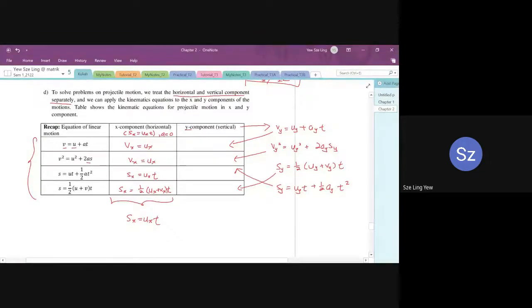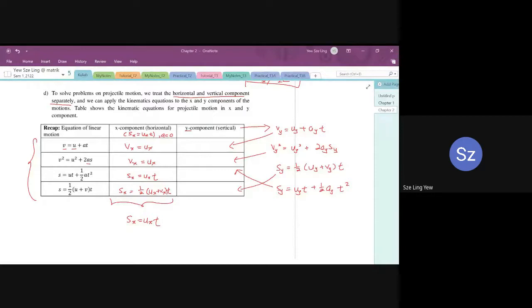Okay, so I give you 1 minute to write it down. These 4 equations, you put them in the table. Just now I misunderstood the table, so my bad. You put it in the table, sorry. I give you 1 minute to complete the table, and then for the last page, I just want you to cancel it.